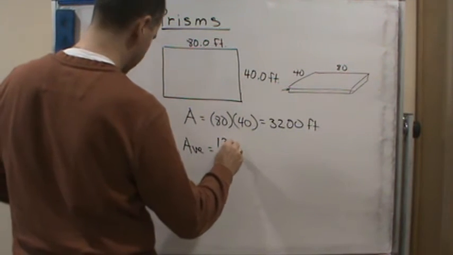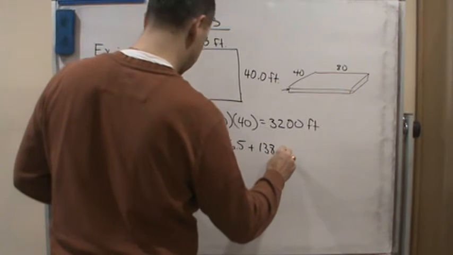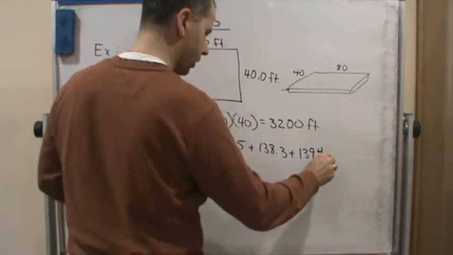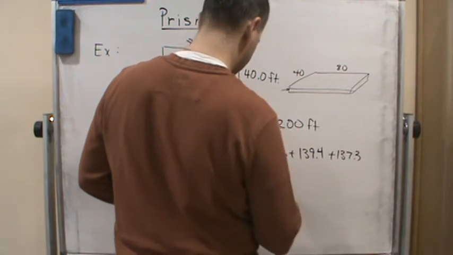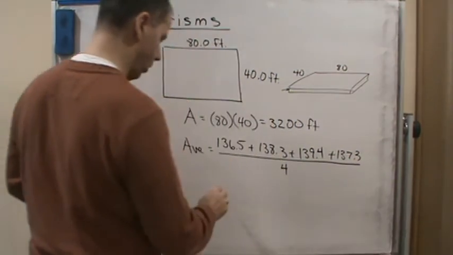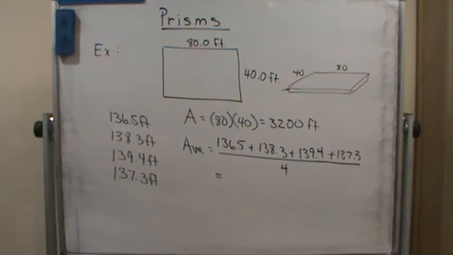So we're just going to take 136.5 plus 138.3 plus 139.4 plus 137.3, and we're going to divide by 4. And what's the average that we're going to get? In this case, we get an average of 137.875.